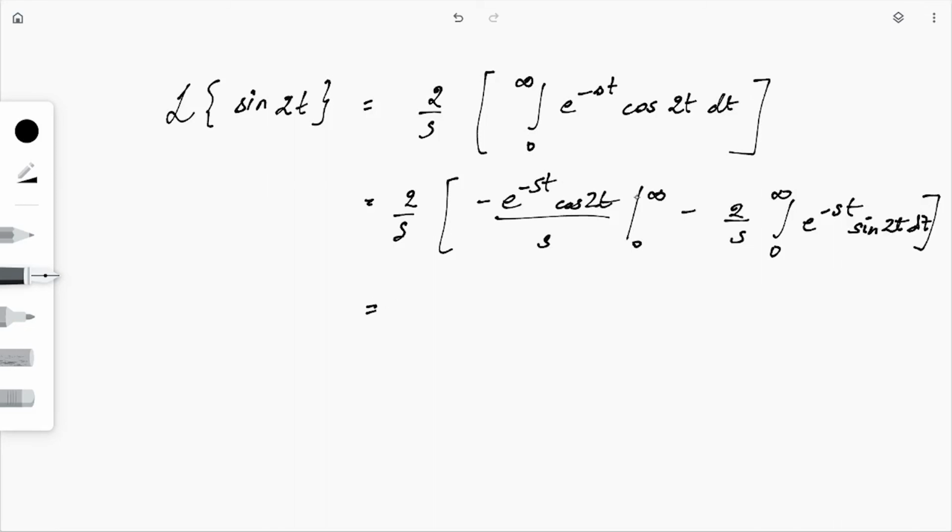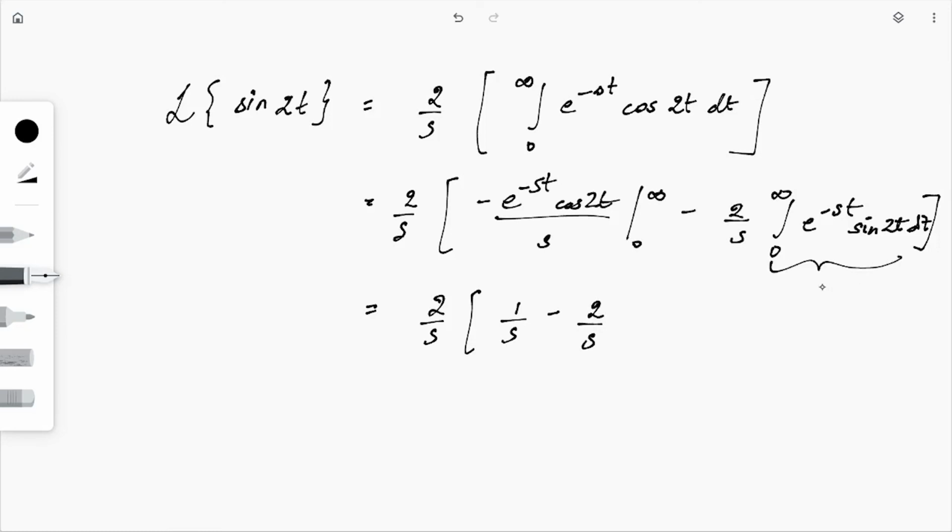So e raised to minus infinity is again 0, and here we'll have e raised to 0 is 1 and cos 0 is also 1. So here we'll have a term that is 1 by s, minus of minus 1 by s. So that will be 2 by s, 1 by s minus 2 by s. And what is this?